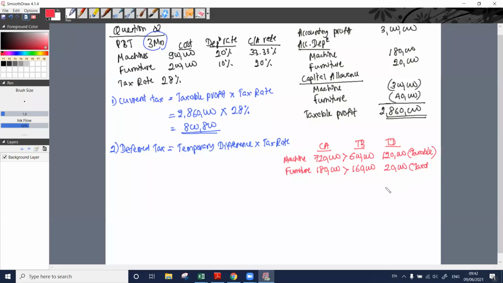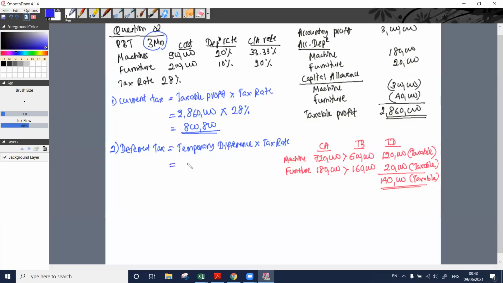Therefore, what is the total taxable temporary difference? Total temporary difference is 140,000. As both of these are taxable temporary differences, this is also a taxable temporary difference.